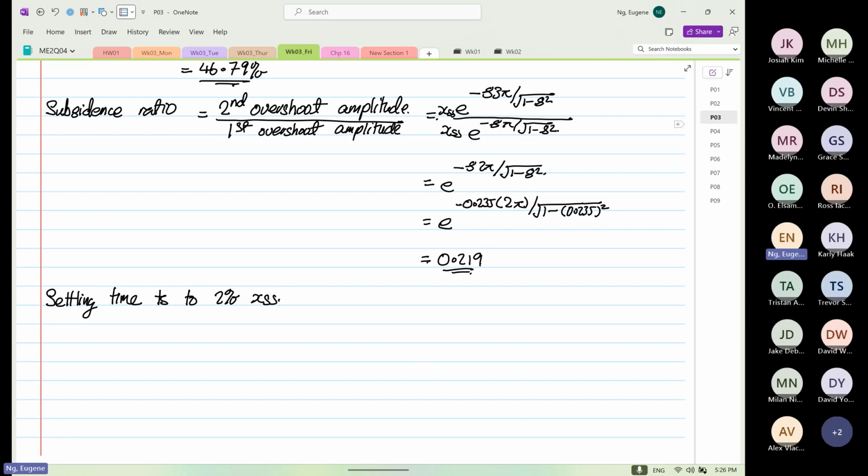Okay, so we know that 2%, so it's 0.02 XSS is equal to e to the minus zeta omega n TS. Okay, or we have XSS again. Okay, so TS is the settling time.